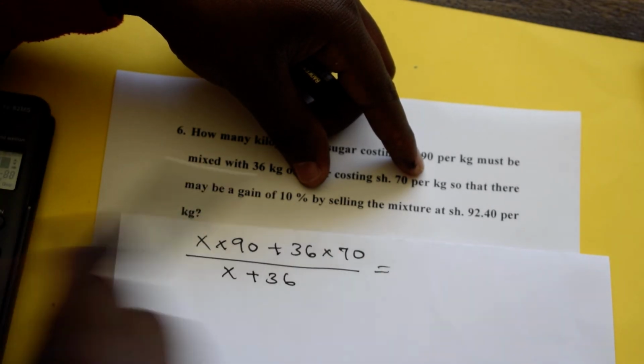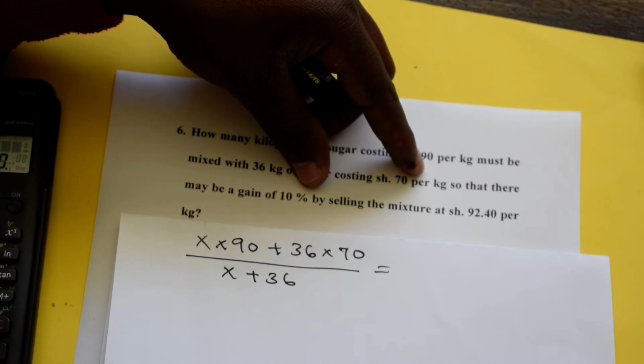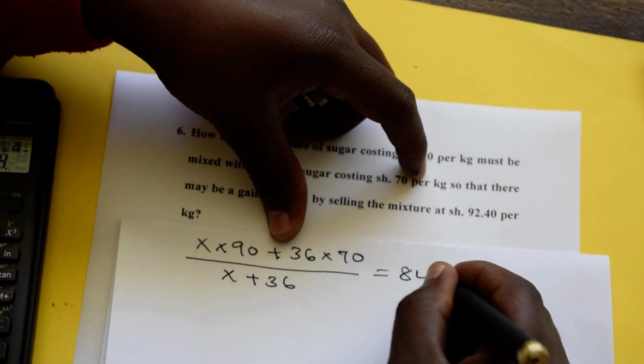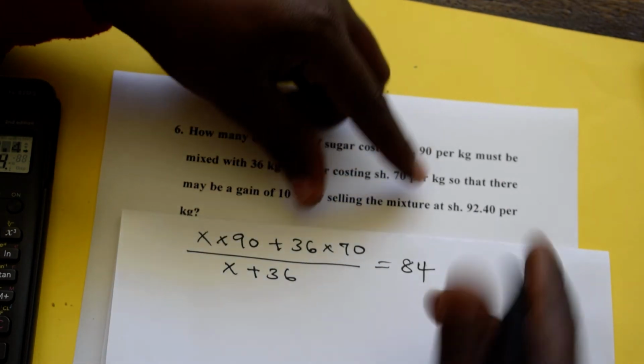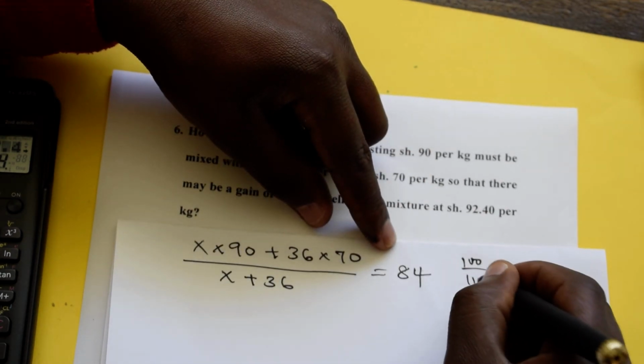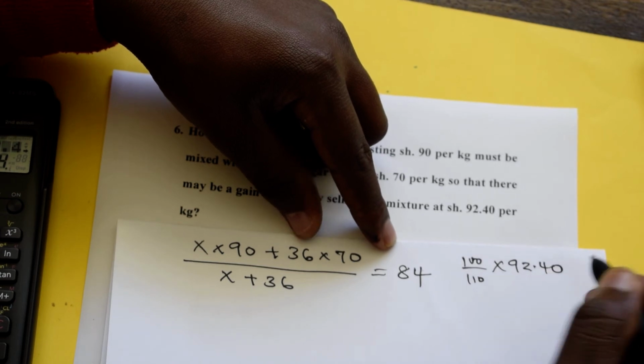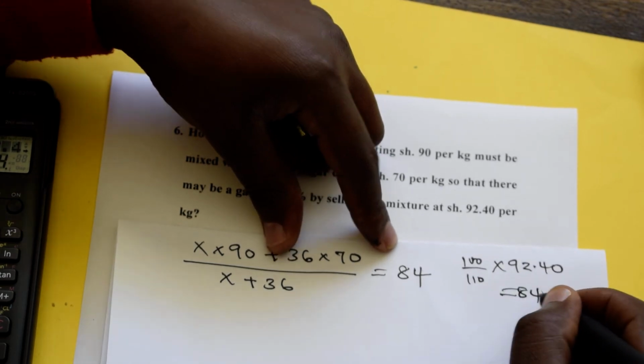So we can calculate the cost at 100, and this will give us 84 shillings. So that is 100 over 110 times 92.40. So this will give us 84 shillings.